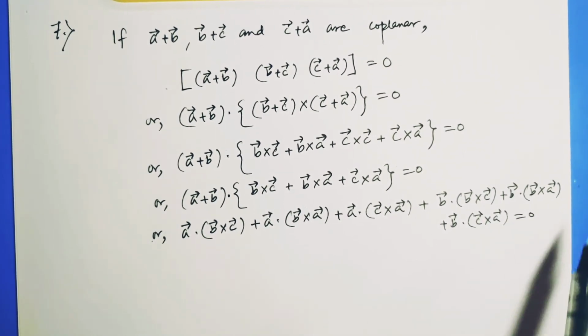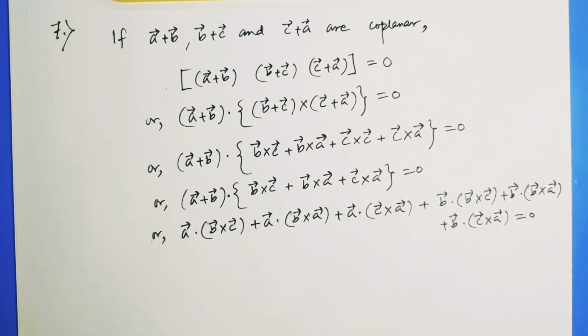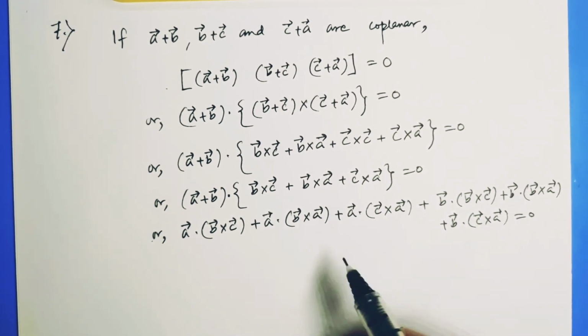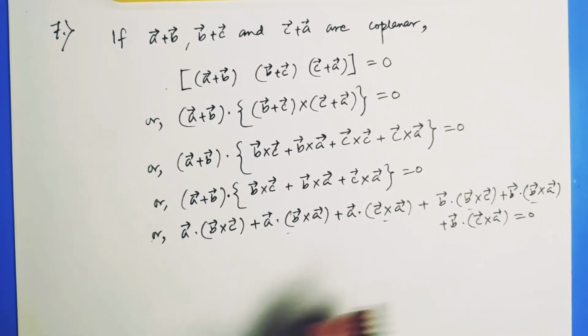Now can you tell me which one of them are 0 in here? I told you, for the scalar triple product, when two of the three vectors are the same, then the scalar triple product is 0. So which among these have the same two vectors? This one, this one, this one, and this one. So all the four are 0.